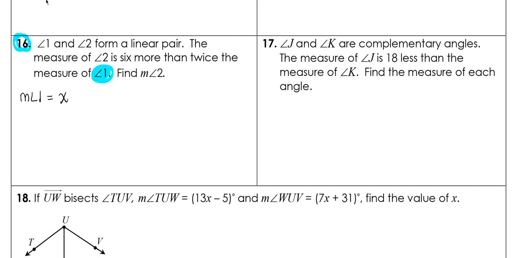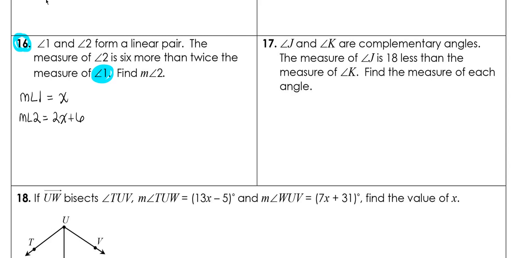And the measure of angle 2, it says it is 6 more than twice the measure. So twice the measure would be 2x, right? And then if I have 6 more, I'm going to add 6 to that. And it's a linear pair, so I'm going to add those together and set them equal to 180.